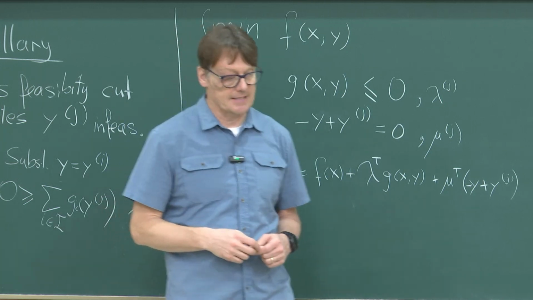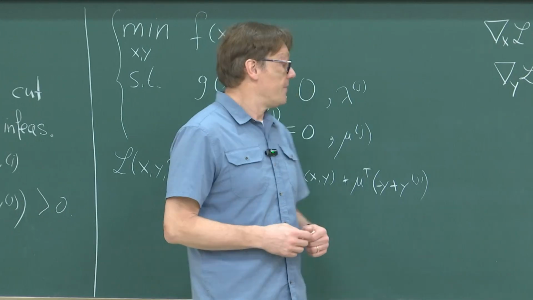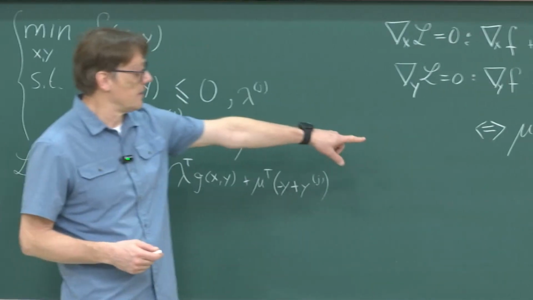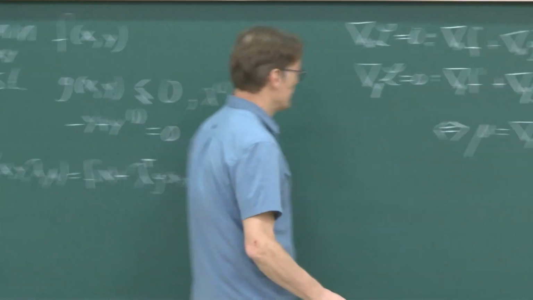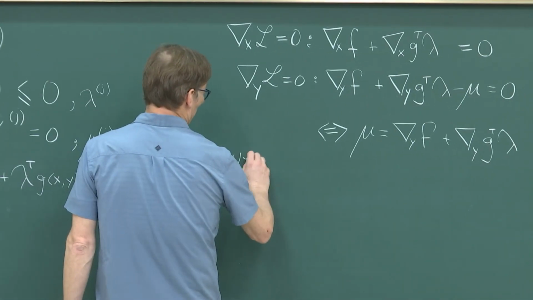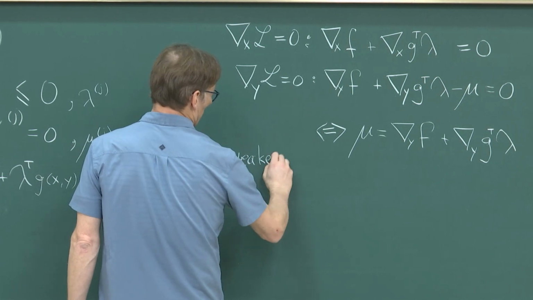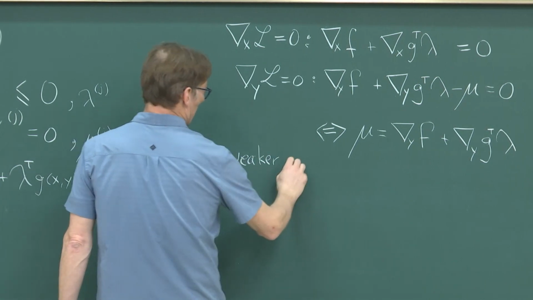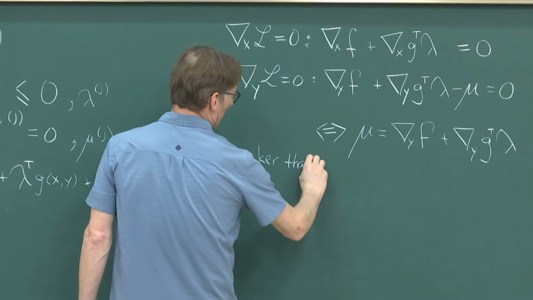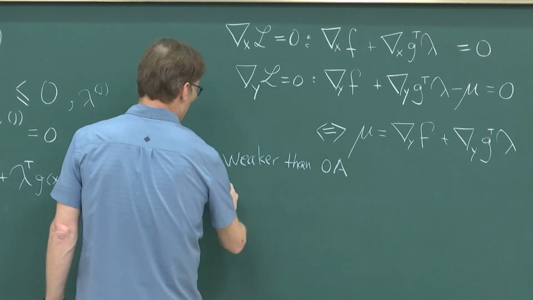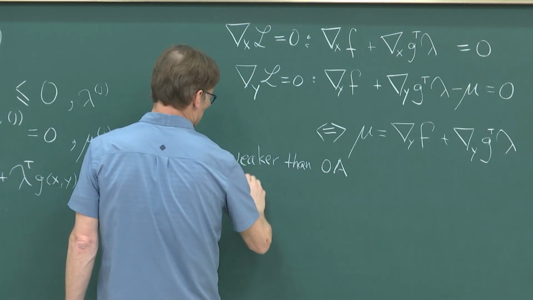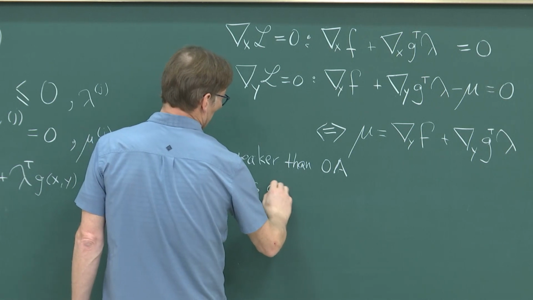And so there's some cancellation that happens. The Bender's cuts tend to be dense. So they are weaker than outer approximation. The cuts are typically dense.